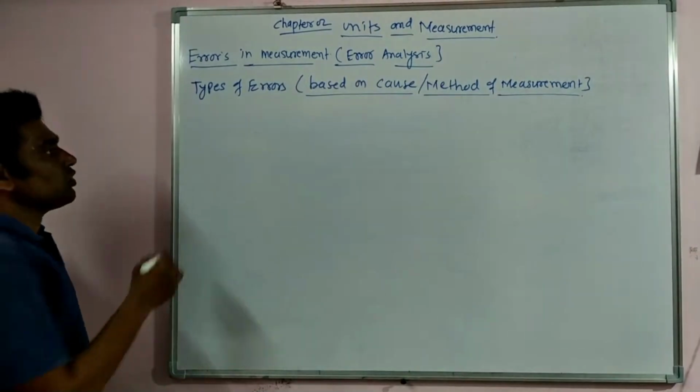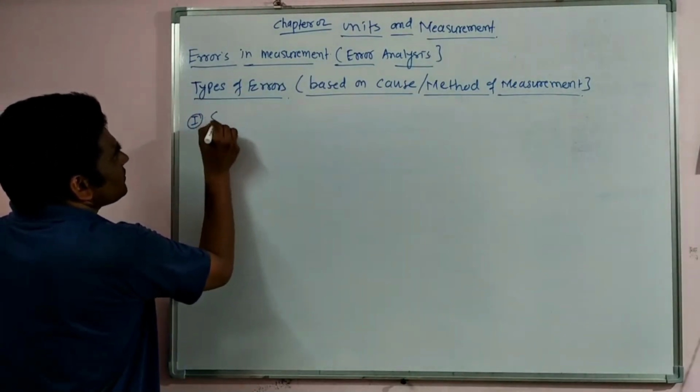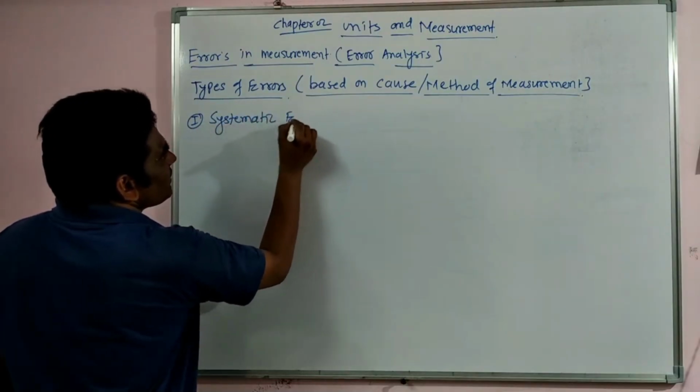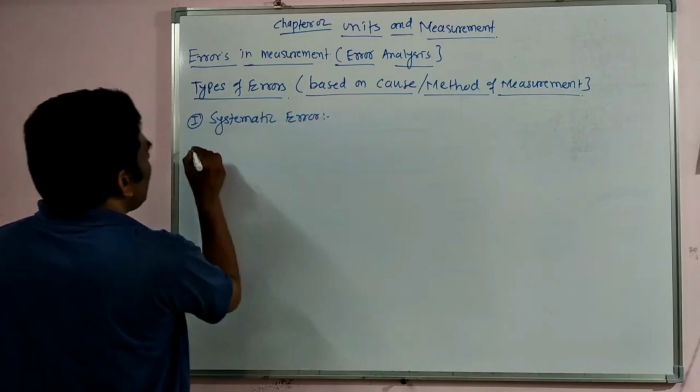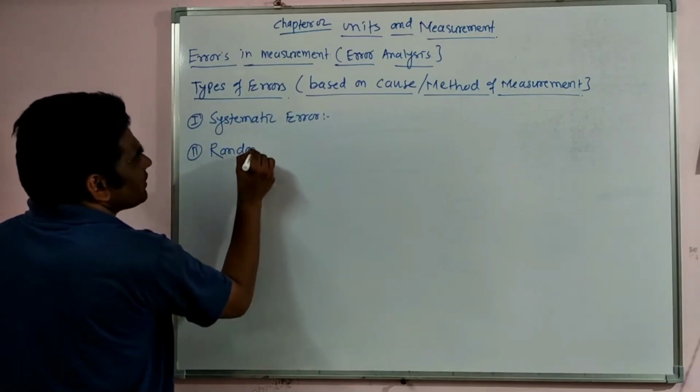Okay, so one is systematic error, and another is random error.